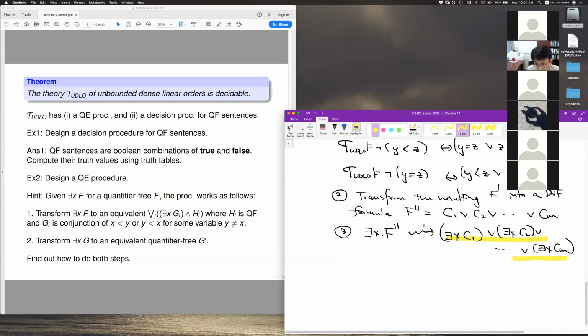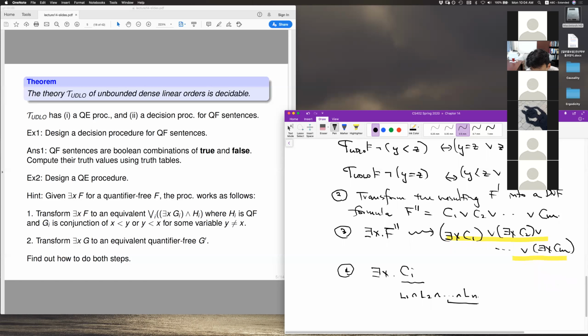Now we look at each of these CI. So we look at exist X CI. CI will consist of a conjunction of non-negated literals like L1, L2, up to LN.